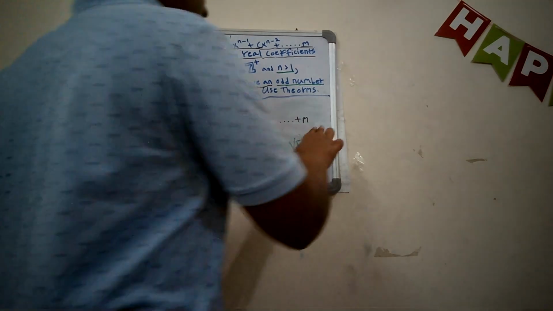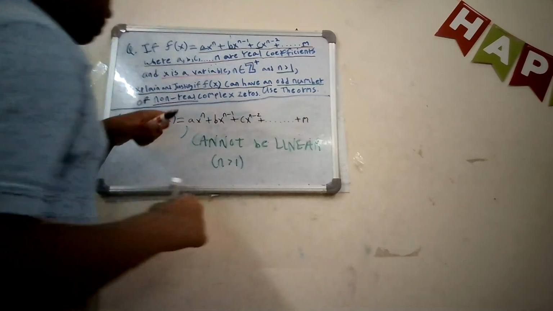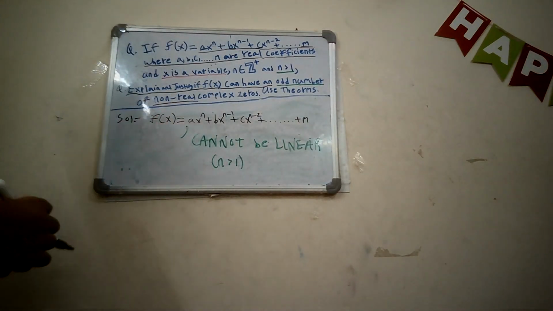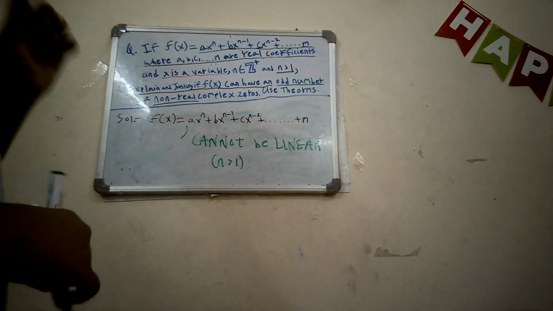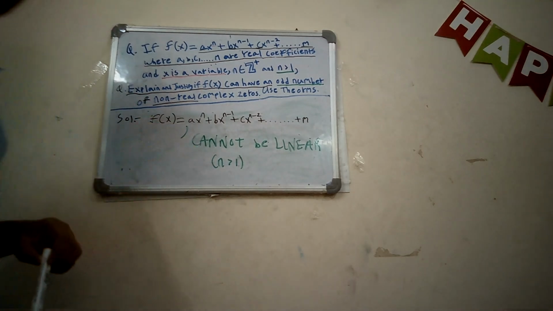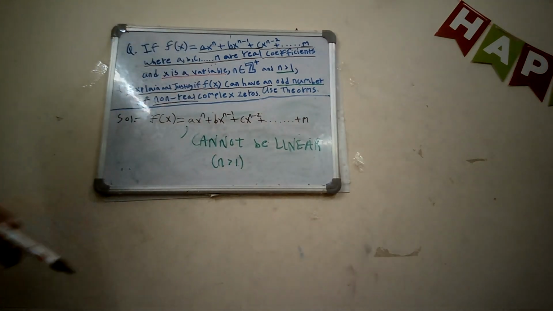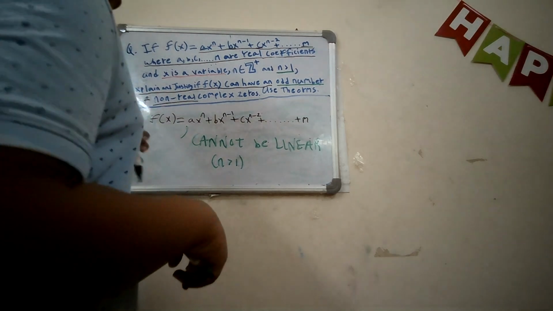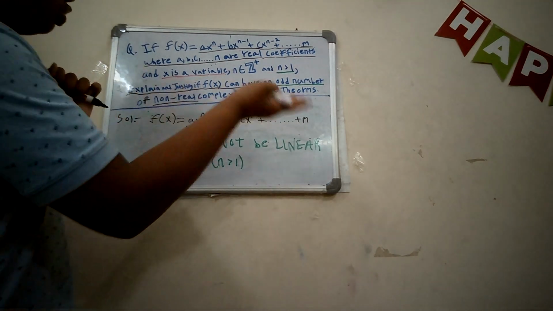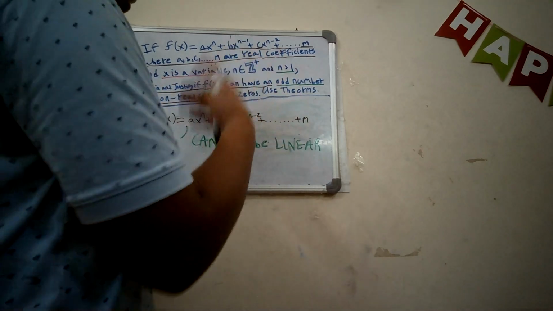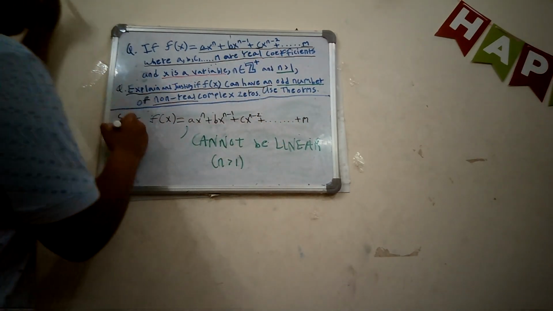Because if n is greater than 1, it could be ax squared plus bx plus c, or if it's 3, it'll be cubic, 4 will be quartic. See, this is a pattern.